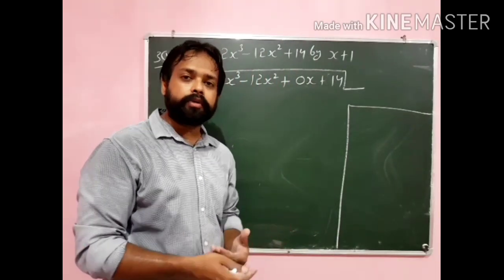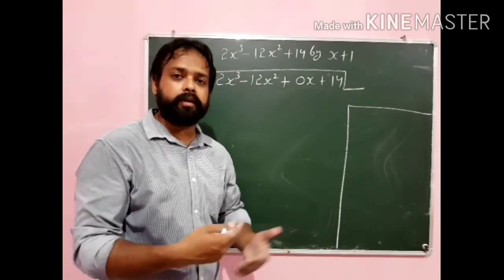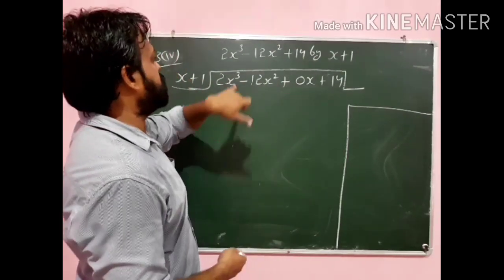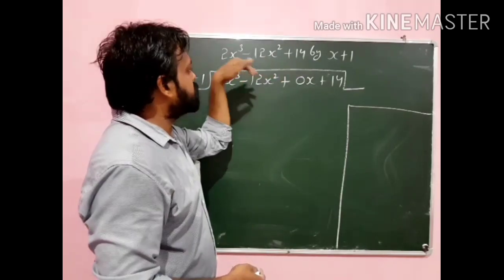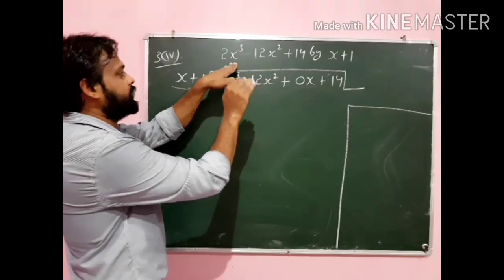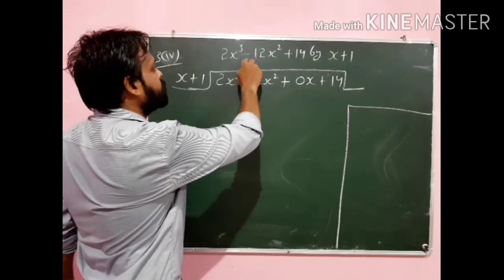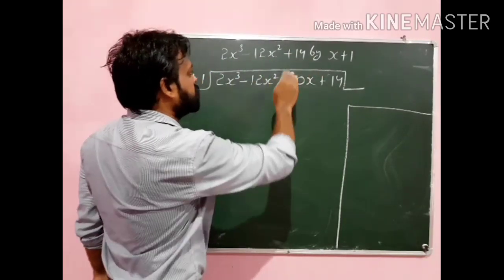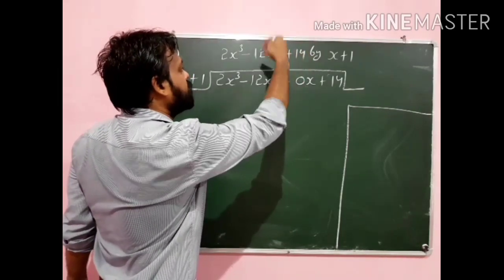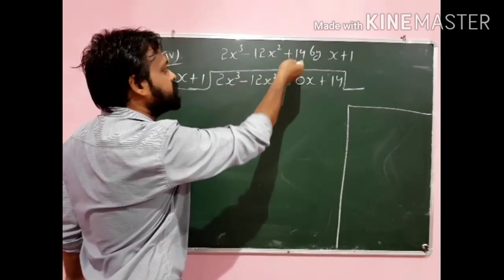Okay, now see, the fourth part is also very important, and again we have to start from the starting. Now you can see the powers of the variables are already in ascending order. But one thing is missing here. See the statement carefully in your book. This is only 2x cube minus 12x square plus 14. So here the variable x term is missing.